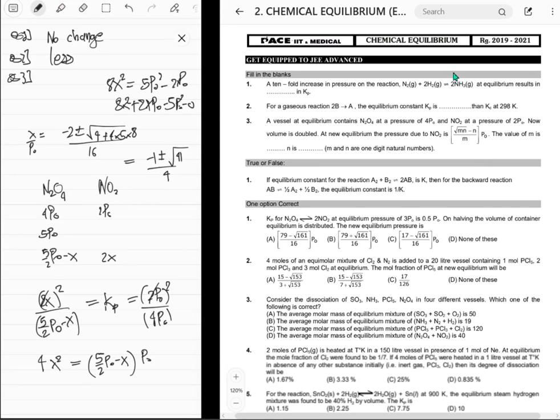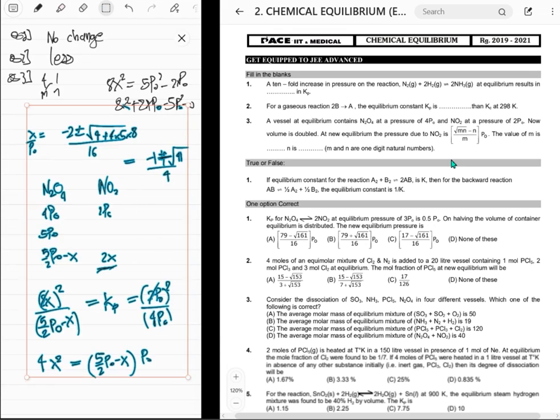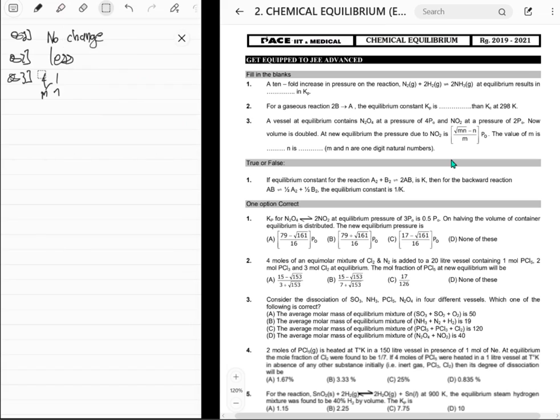Right, so mn probably means m times 10 plus n, because these are 1-digit natural numbers, so hopefully this is what they are doing. And of course, you just take the plus value because negative value doesn't make sense, right? There should be some NO2. So the value of M is, I think, M is 4 and N is 1. Right, so 4 and 1. Okay, cool. I'm going to write it like that. M is 4, N is 1.